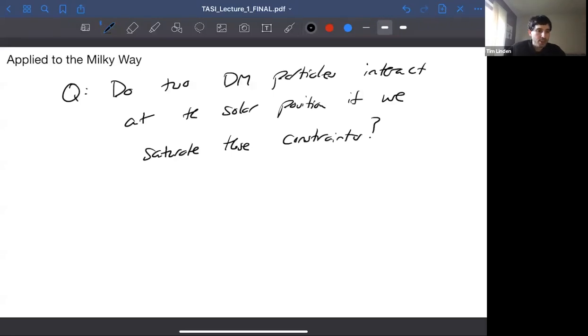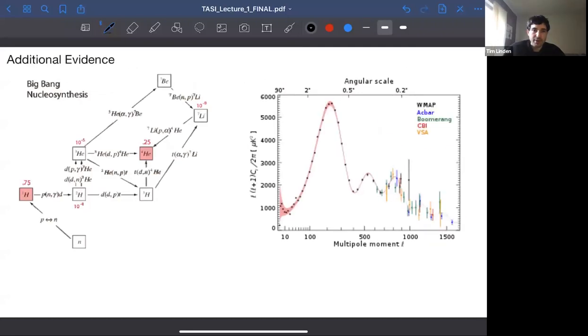Good. So the last thing I want to talk about, I'm going to skip some other evidence that is particularly useful. There's good evidence for dark matter from Big Bang nucleosynthesis. This was pointed out by Martin. Big Bang nucleosynthesis basically tells us how many baryons are in the universe. It's very sensitive to that. And the answer is that to get Big Bang nucleosynthesis right is not enough to explain the mass density of the universe.